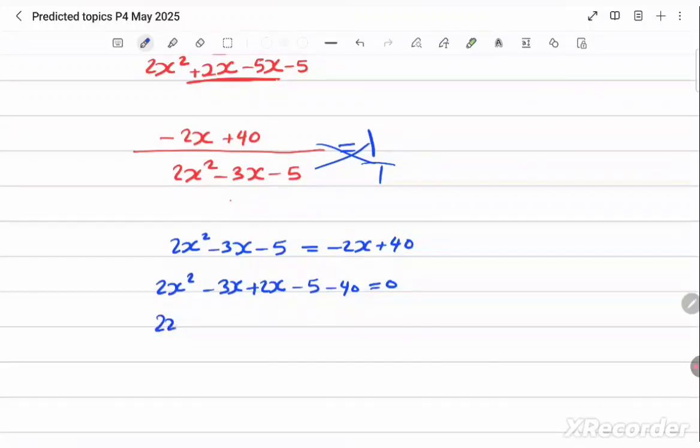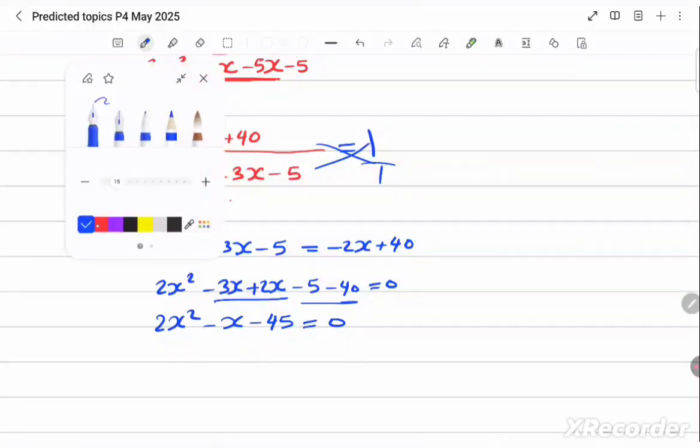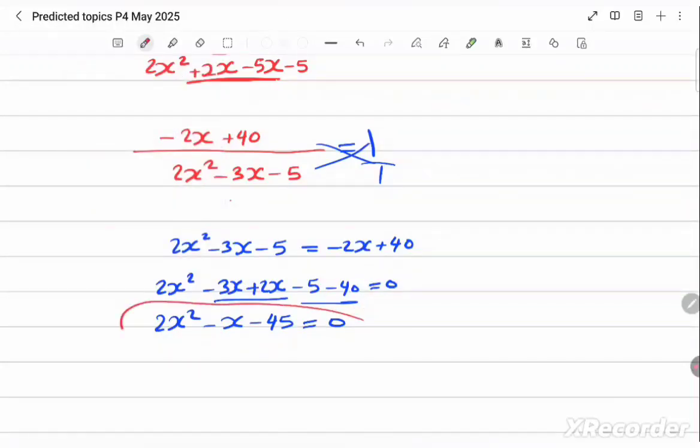Let's collect the like terms again. Negative 3x plus 2x is negative x. And here we have negative 45 equals 0.